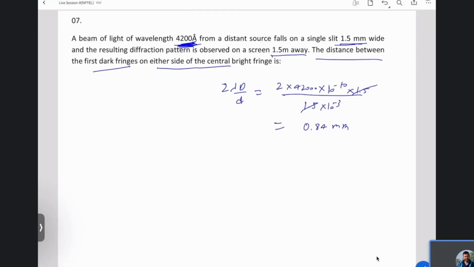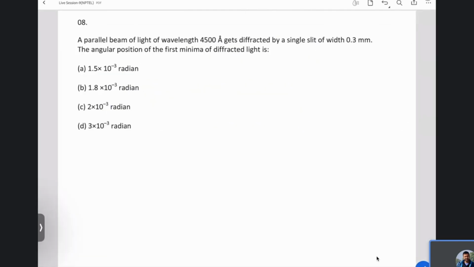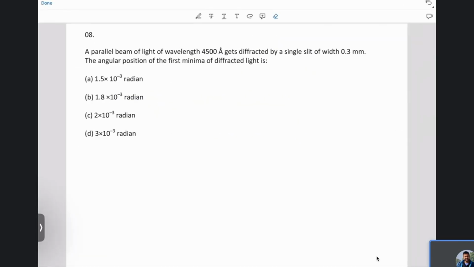Okay, this one is also simple. Now we have a parallel beam of light of wavelength 4500, again nearly the same wavelength as the previous one, which gets diffracted by a slit of width 0.3 mm.